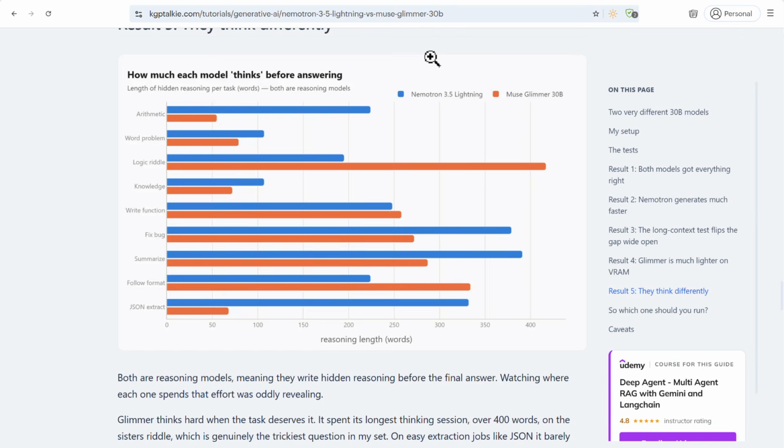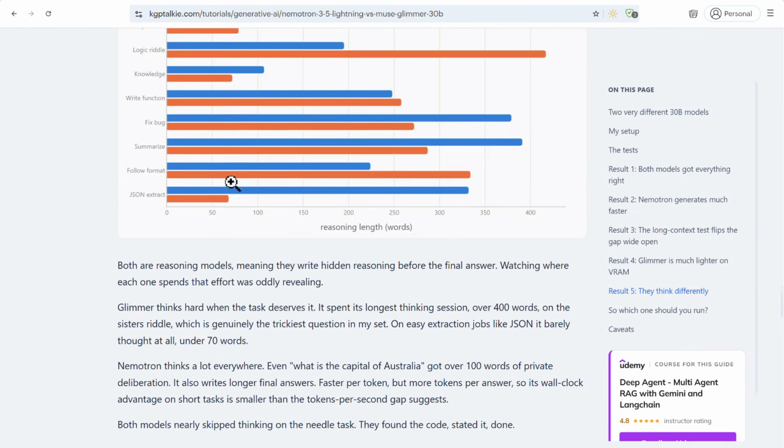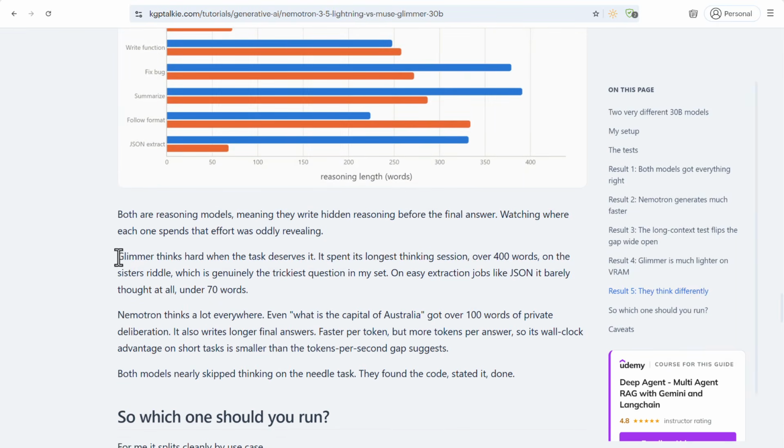But do you think that is right? I don't think that it is right, because if you notice here, even for simple JSON extraction, Nemotron is putting a lot of effort in the thinking. Even for the knowledge check, where we wanted to understand the capital city of Australia, in that case also it is putting a lot of effort in the thinking. So you will notice Glimmer thinks hard when the task deserves it.